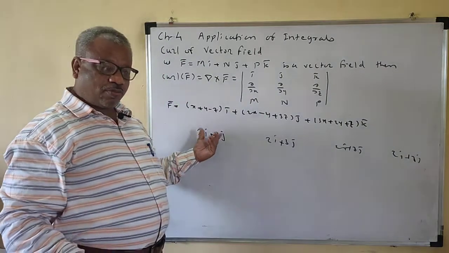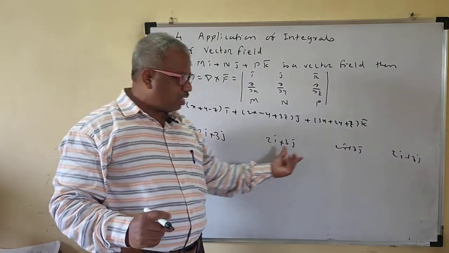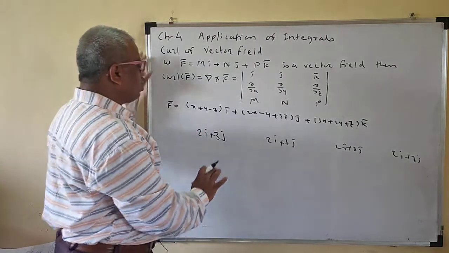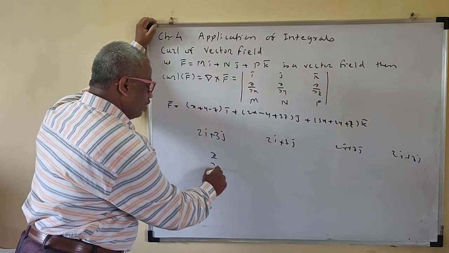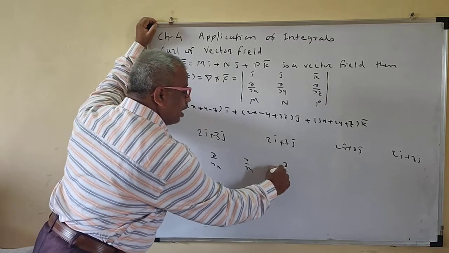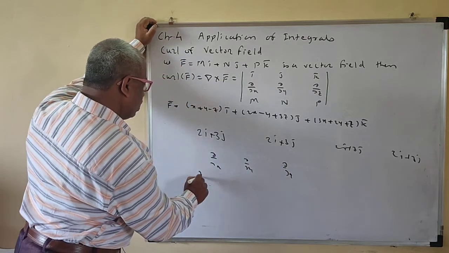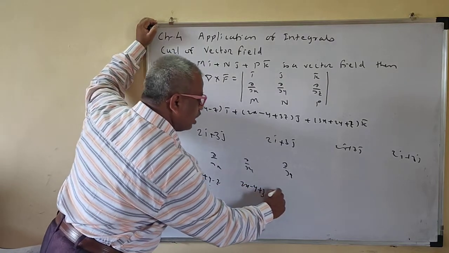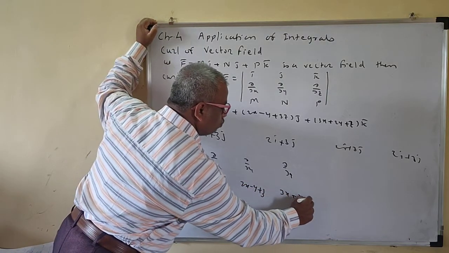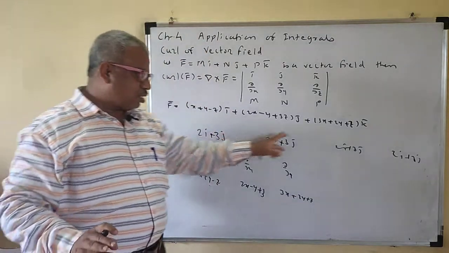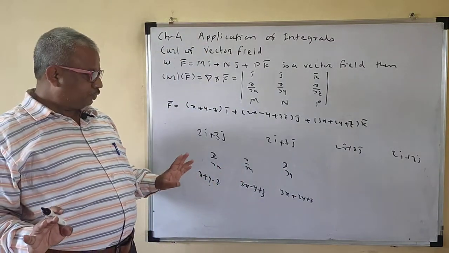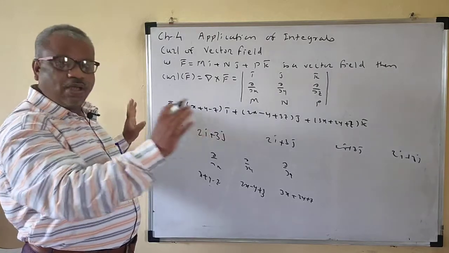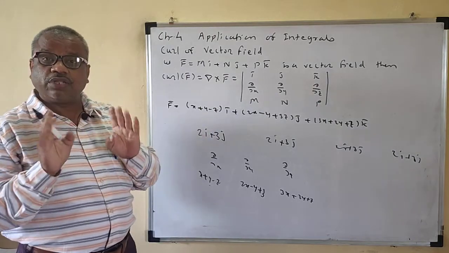That means all the first and second components are the same, and only the third component is different. So we write dou by dou x, dou by dou y, dou by dou z. The first component is x plus y minus z, the second is 2x minus y plus 3z, and the third is 2y plus z. Only the third component is different, so we need to find only the third component.